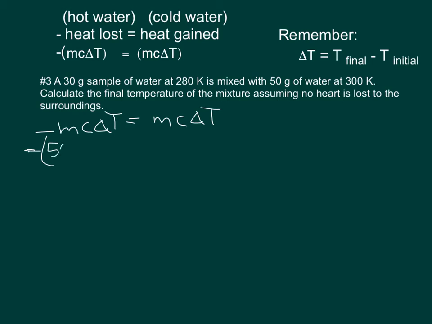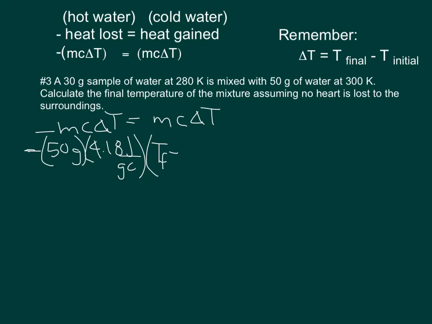So negative 50 grams for the hot water, and C for water is 4.18, and that's joules per gram Celsius. And then the ΔT. Now remember, ΔT is always going to be TF minus TI. And so in this case, the TI is given to us, so we'll plug in the number for the TI.